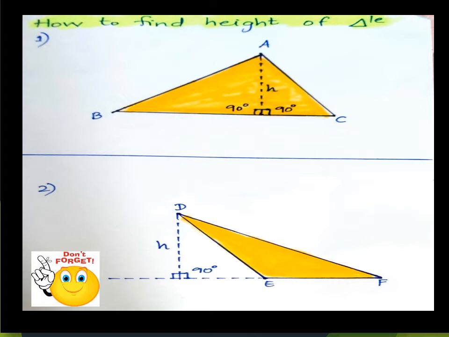So the perpendicular line segment drawn on the base which meets the vertex, that is opposite vertex, gives you the height of the triangle. So height will not always be inside the triangle, it can be outside also. So you should be knowing this. Sometimes the height of the triangle is considered from the outside point also.